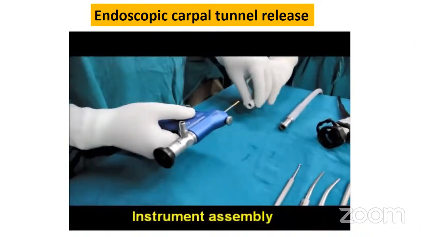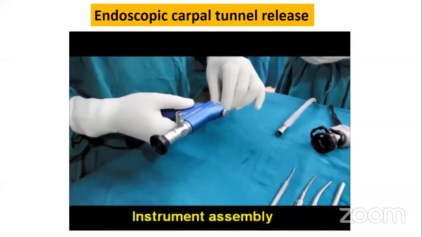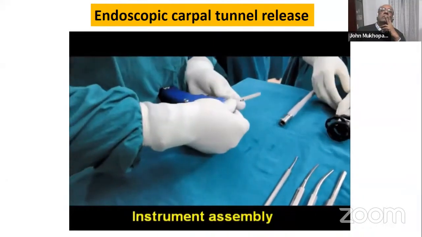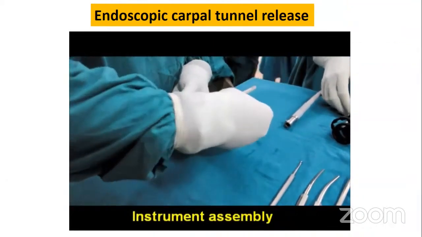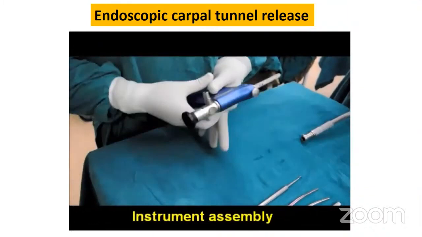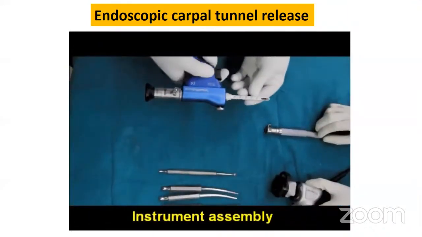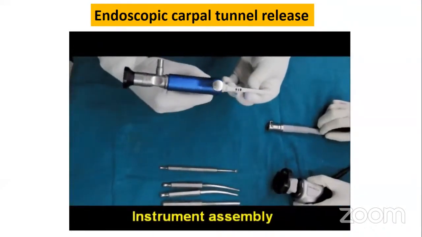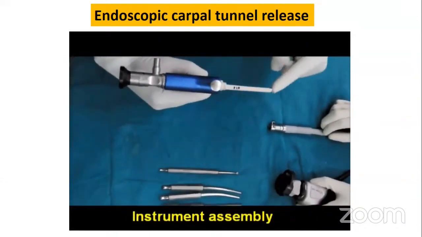So that is a scope there, and the blade goes over the scope. Blade goes over the scope, and then you just tighten that there. If you press that trigger, the blade comes out like that.